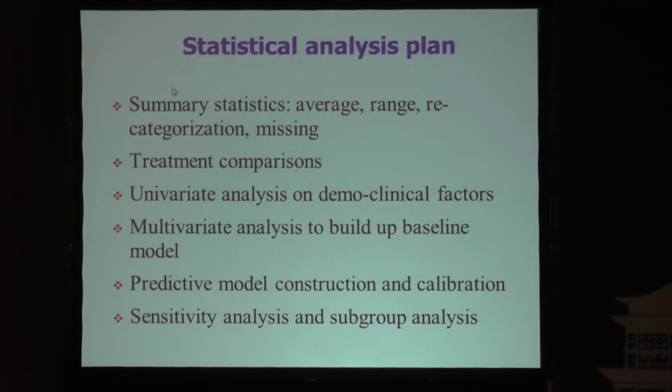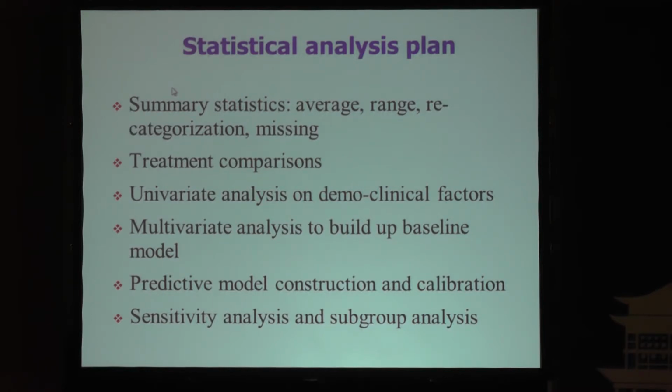And then the statistical analysis plan. After we estimate the sample size and calculate the power, we have to write a detailed statistical analysis plan. In fact, for some large-scale clinical trials, this analysis plan can be very complicated, as in some translational research dealing with high-dimensional genetic or genomic data.